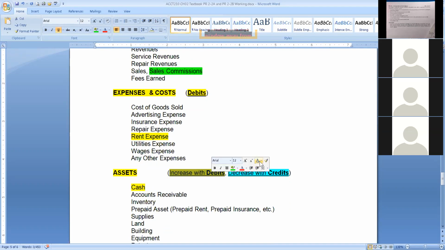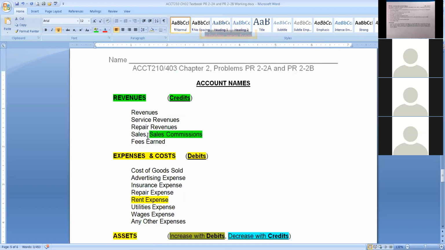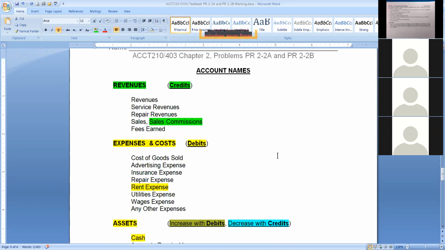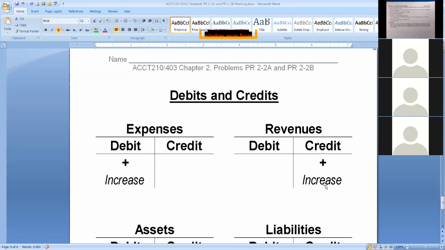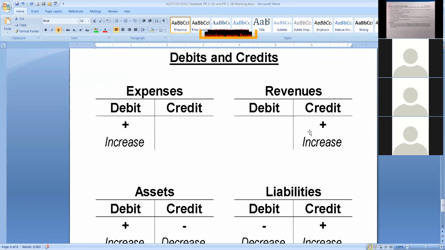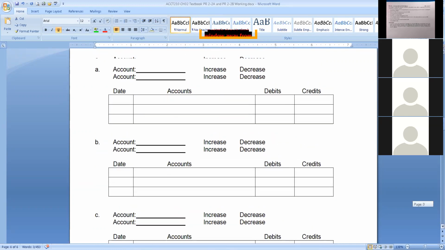Sometimes Word is too helpful. It tries to be too helpful. So cash is going to increase with a debit, and the sales are going to increase with a credit. And you'll see that down here, revenues are always increasing, and that's one way to get money. This side is all about getting money in, so revenues are money coming in.